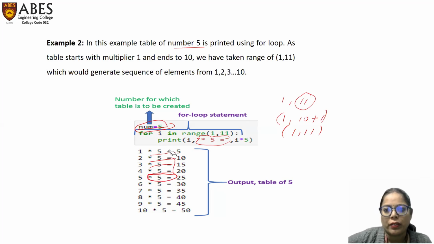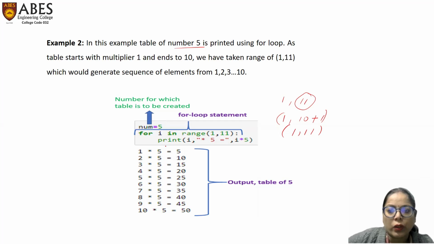So for that reason we have taken the asterisk and 5 equals in double quotes, and I is your iterative variable, and after that comma, whatever the value is, like 1 into 5 equals 5, that will be written.